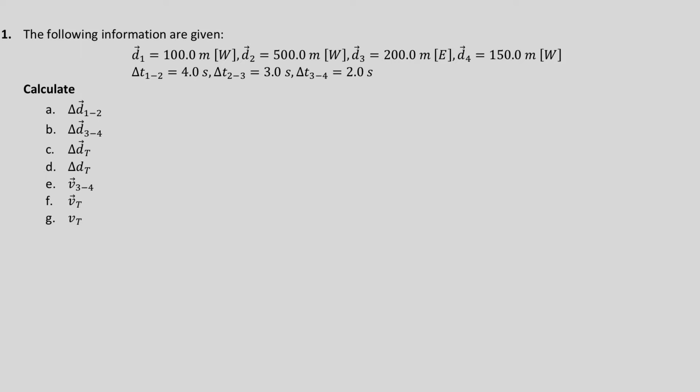To find the displacement from 1 to 2, we are going to take position 2. Note that whenever I use position, I don't put the triangle because it's not the change in position. Change in position would be displacement. We are trying to find position 2 minus position 1, the last one minus the first one.